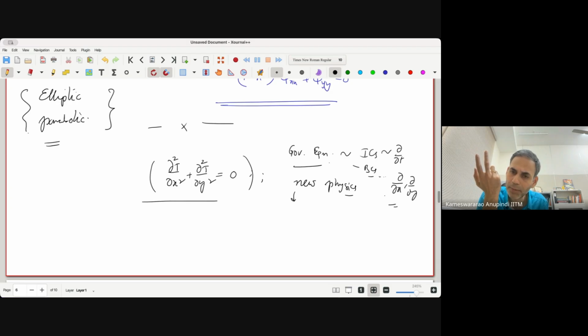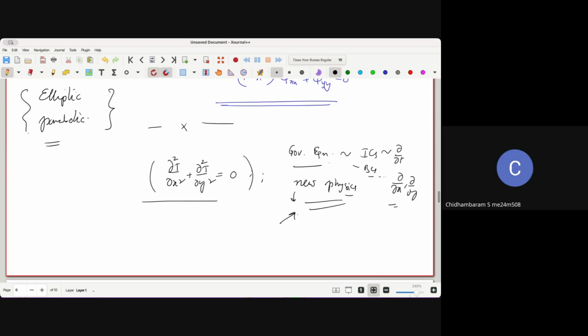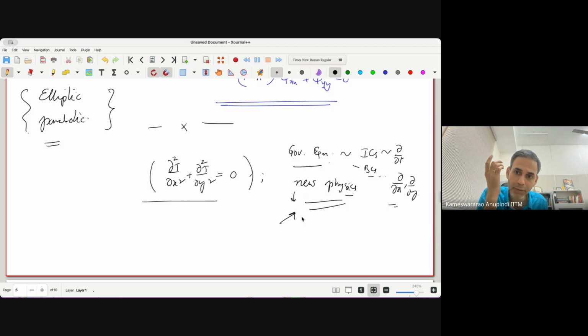So for a new problem, we first need to come up with the equation governing its evolution. Only then can we tell what boundary and initial conditions you would need.